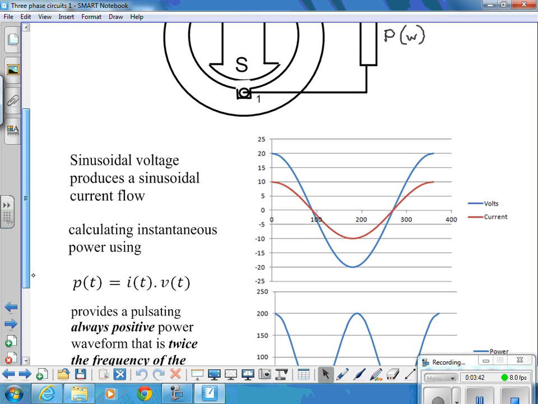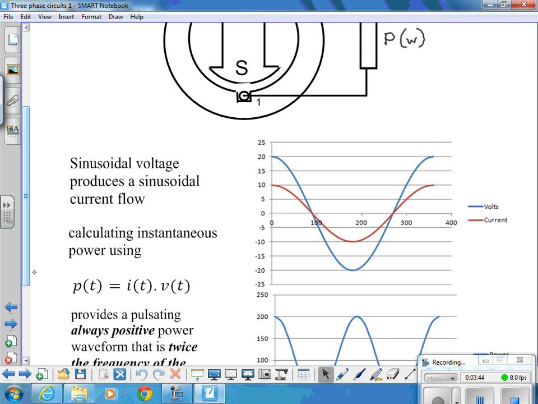If that's a pure resistance so that we don't have any phase difference, and that's what we're going to consider at the moment, just fairly resistive loads, we would have an instantaneous current. For instance, we've got a voltage here peaking at 20 volts, and our instantaneous current is peaking at 10 amps. But the two waveforms follow each other.